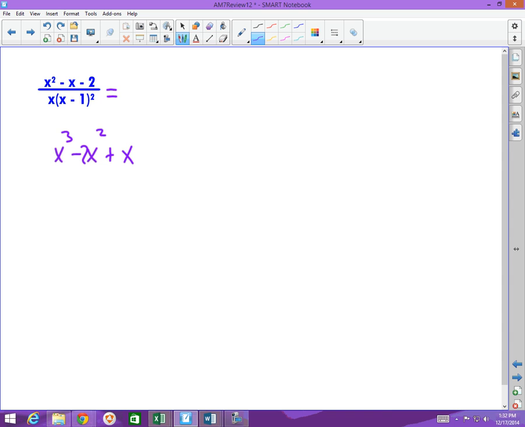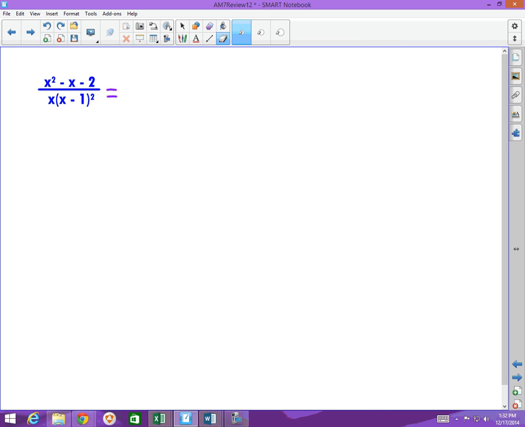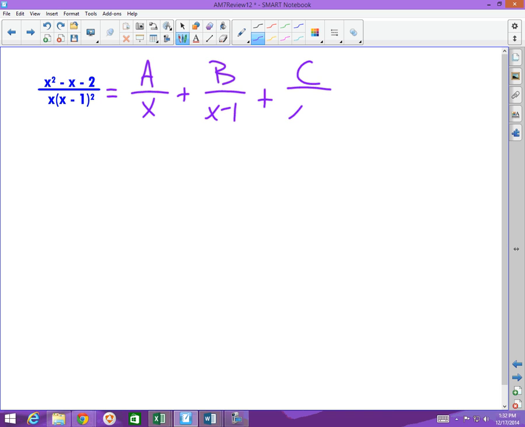And then you factor out an x first, you get x squared minus 2x plus 1, and then the factors for that are x minus 1 squared and x, because it's x minus 1 times x minus 1. That's how it would start for you. And I'm not going to give you one where the denominator is smaller, where you have to do that dividing. So you have a over x plus b over x minus 1 plus c over x minus 1 squared.